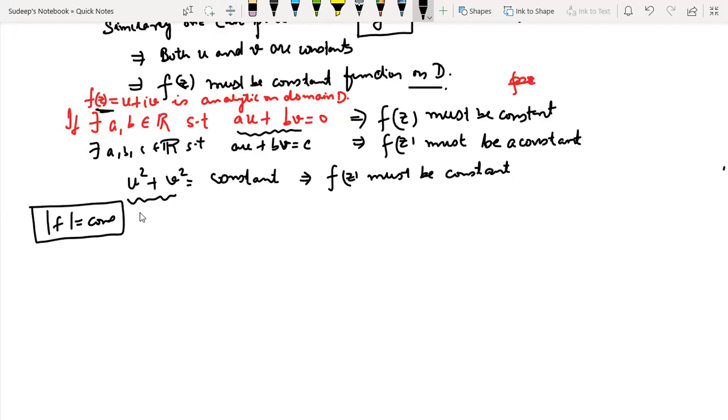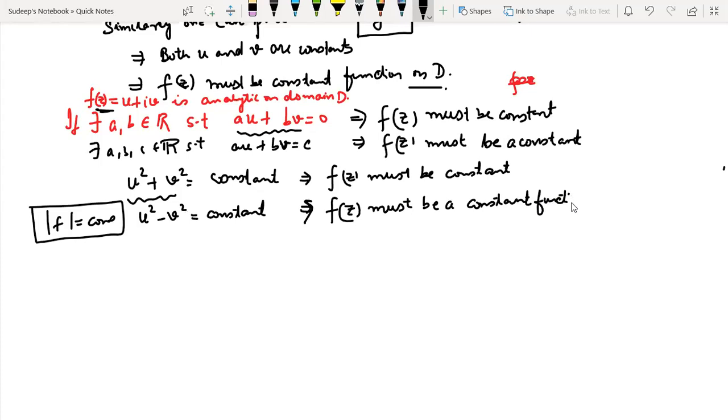Okay, similarly, if I say that u square minus v square is a constant, what does it imply? It implies that f(z) must be a constant function. If u minus v is equal to constant, it again implies what?